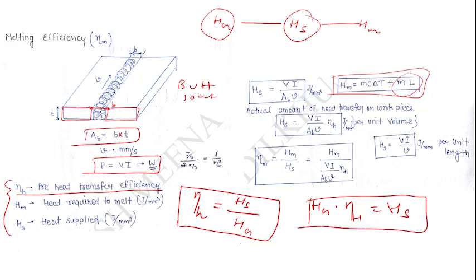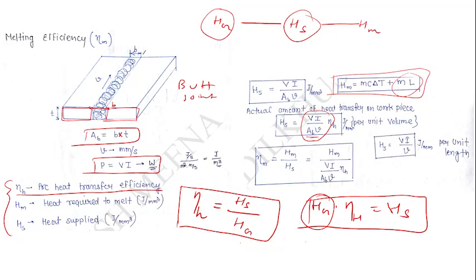So what is your generated heat? That we can calculate, because we know the voltage, we know the current that we are supplying, we know the area, we know the velocity. So we can calculate the heat generated. The heat terms used here will be per unit volume.